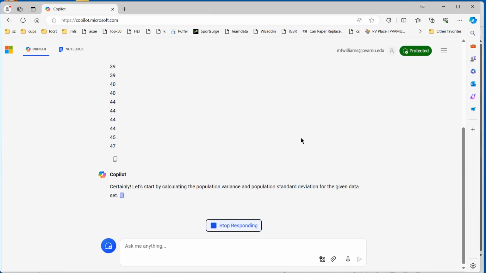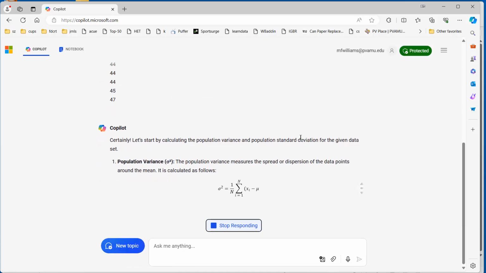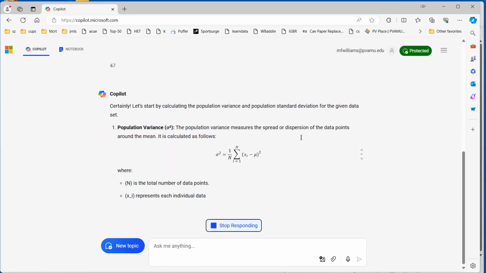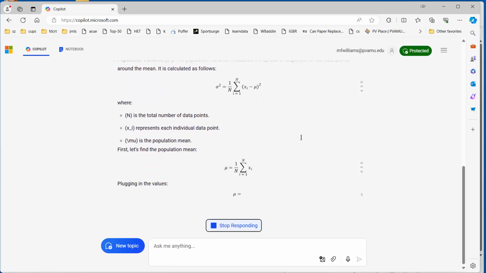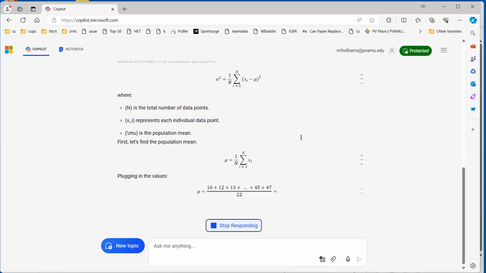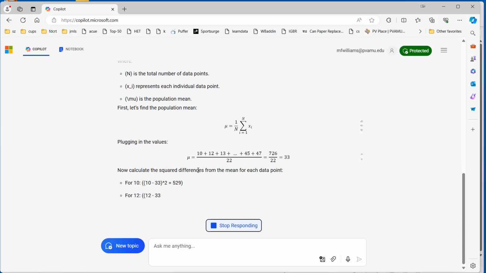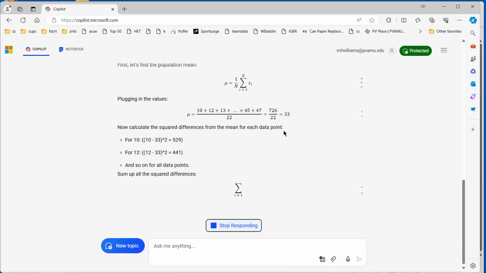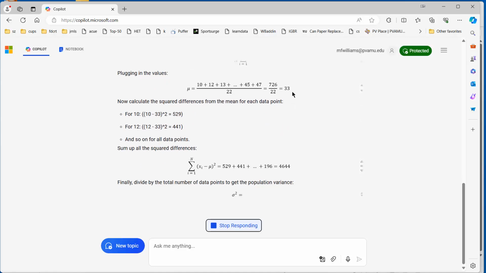Oh. See, there's the formula. I don't know, maybe because I didn't have the data in the row here. Oh, we got the 10 in there. It rounded the mean to 33. That's a mistake. Don't round the mean.